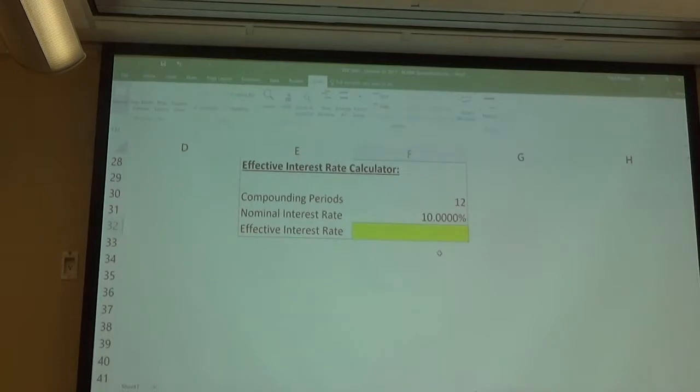Well, let's just show this on the calculator first. For that setup, we would have 12 payments per year. And then we would put in 10, shift, nominal percent.